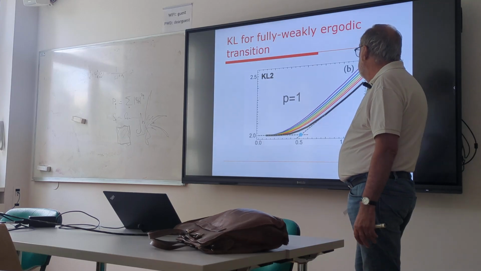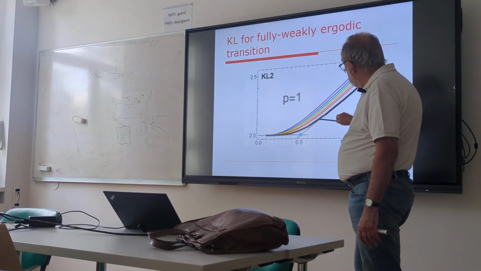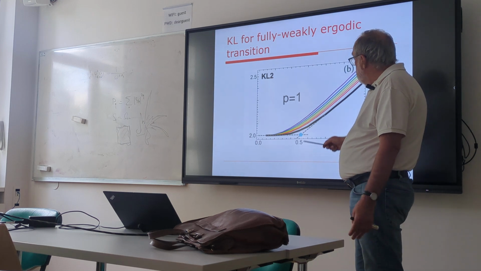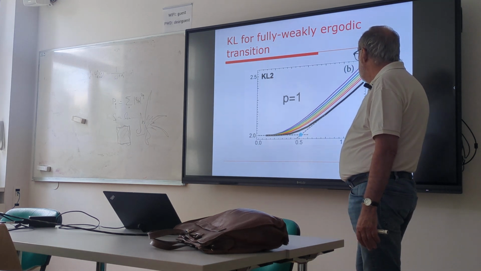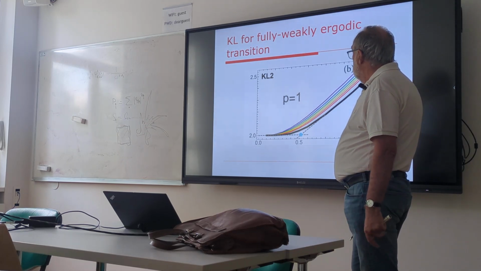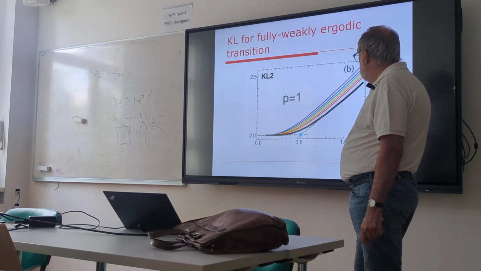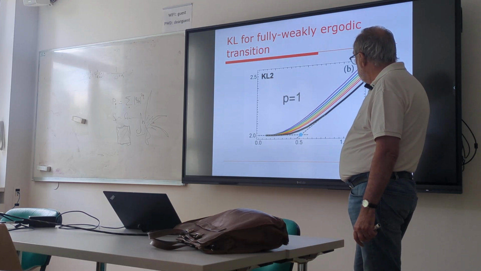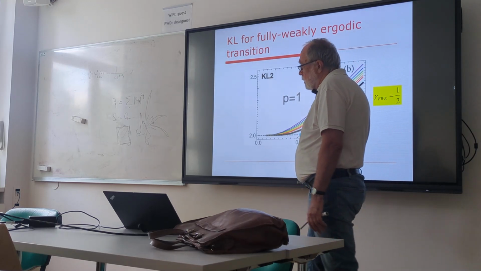But when I do only 1 over log extrapolation, I still have some smooth curve, and therefore the question if this is a transition or it is a crossover is still open. In any case, it is a very weak transition for which even this measure is not enough to detect it with certainty. So this is all that I can say about this new transition.